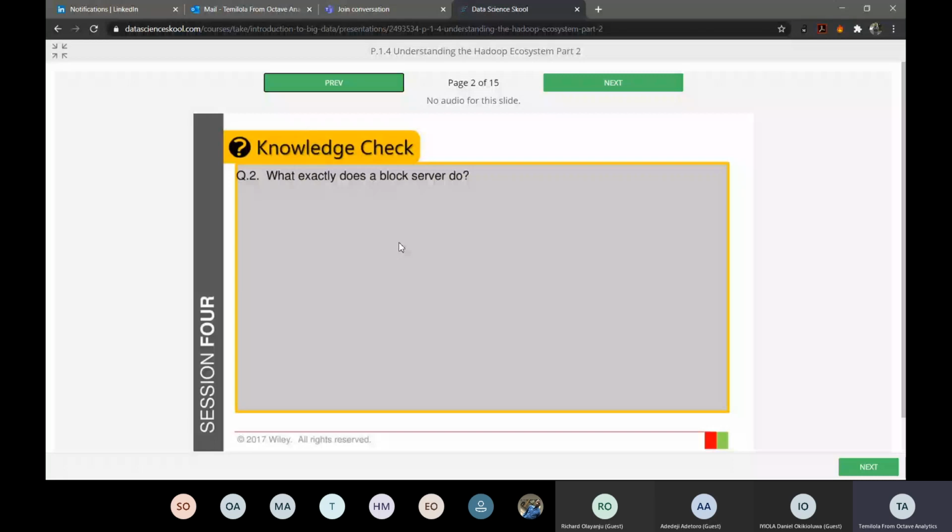Should I call someone's name also? What does a block server do? I'm sure people are already getting confused, but I'll just go back to it again.